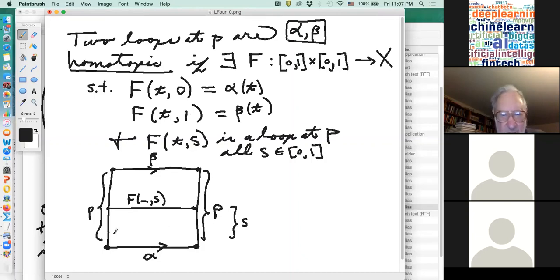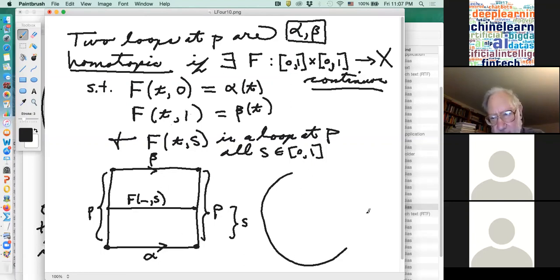So this means that you have a continuous family of loops that starts in alpha and goes to beta. So for example, suppose that your space was an annulus.